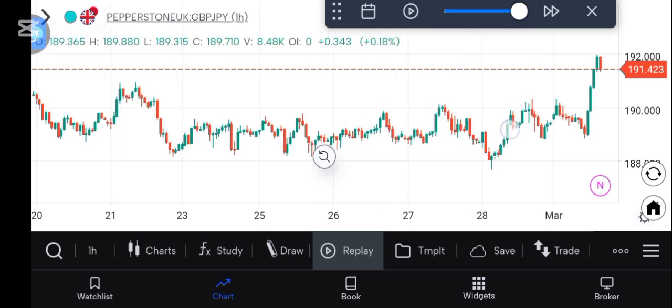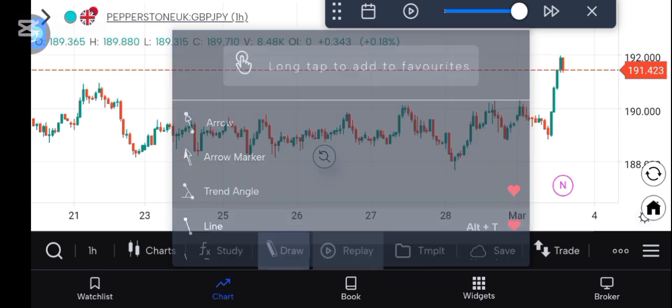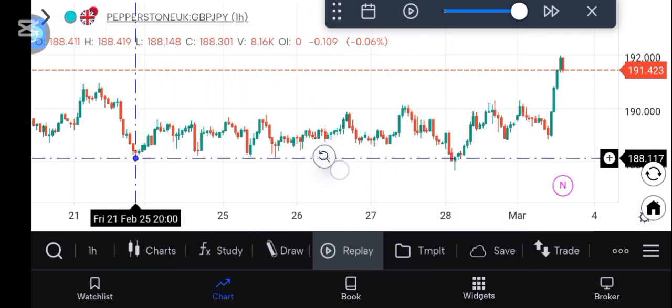So now, first we mark out our inducement. We want to see the market first give us some inducement, meaning a sweep. So right here, the market already did give us inducement from here.